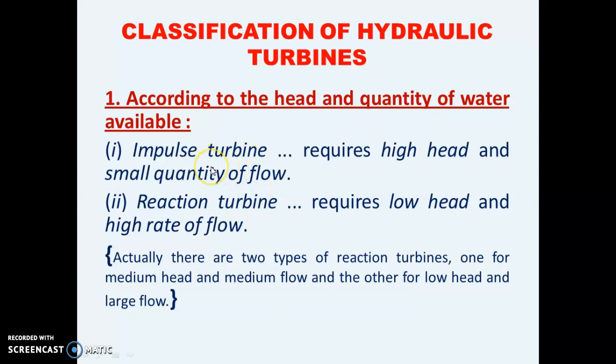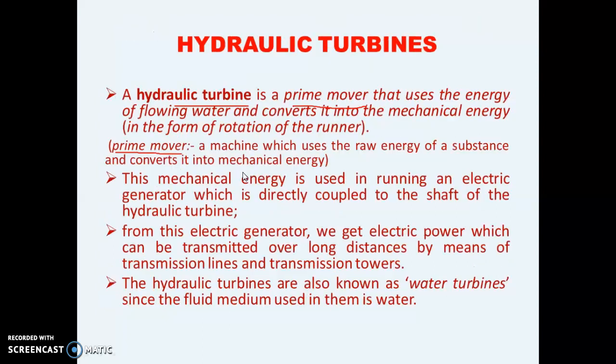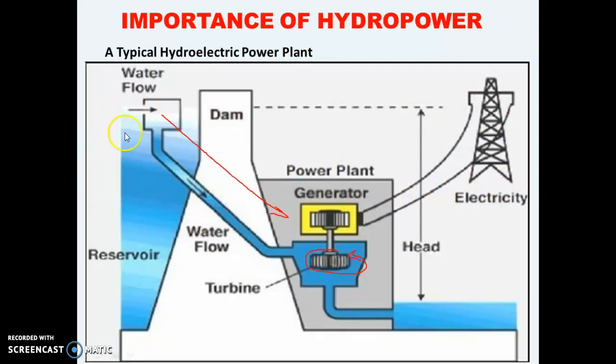Impulse turbines require high head and small quantity of flow, that means high head and small discharge. That example is shown here. This head is very high, and the pipe is very small, so the discharge coming from it is also very small.